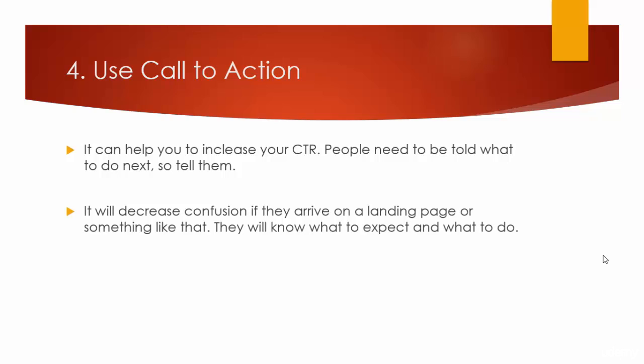If they arrive on a landing page or something similar, they will know what to expect and what to do. For example, if you are promoting a product and your call to action is, click here to buy the product, then in the landing page they will have an image of the product, and buy the product for X price. They will know why they have reached that page.